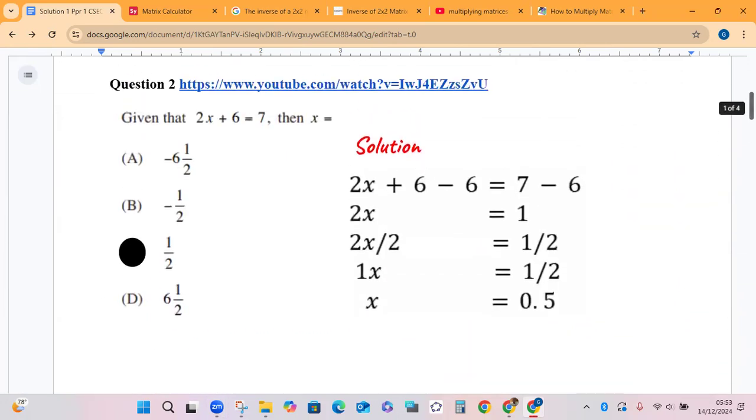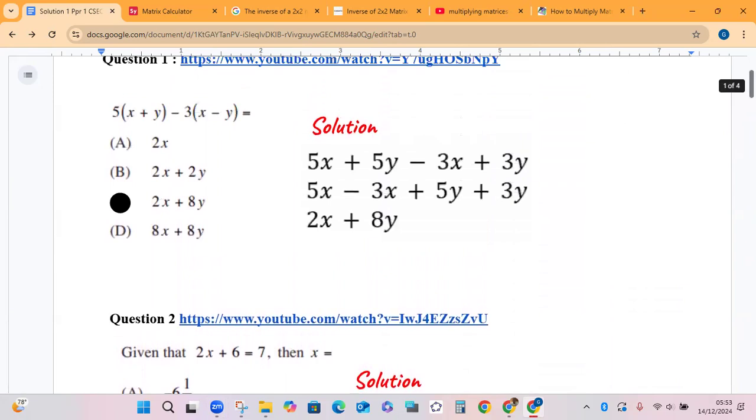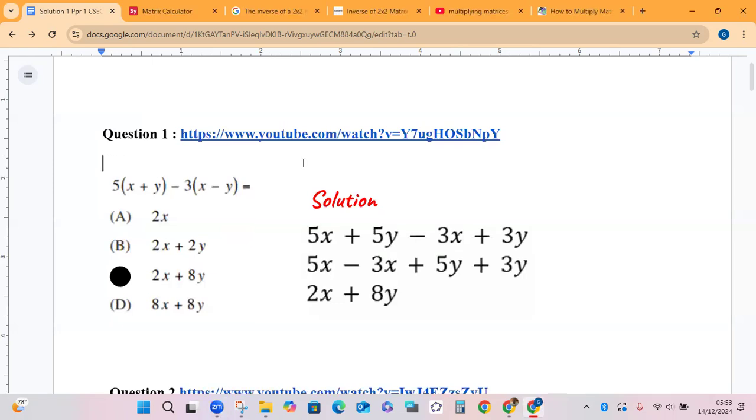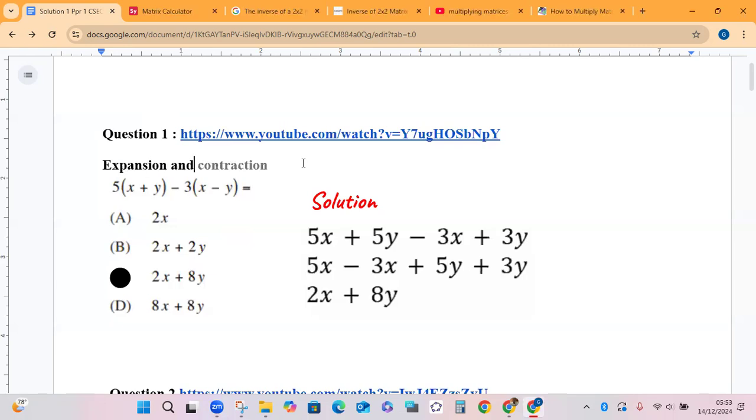Also, I'm going to include the topics. This is expanding and simplification. You can look this up in YouTube to get more examples on expansion and simplification.